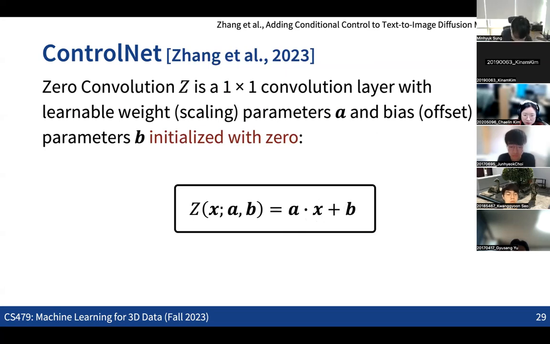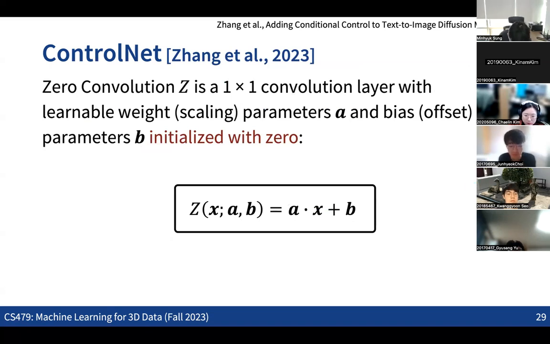In terms of implementation, this might be a one by one convolution layer, which applies the scaling factor A to all the numbers in the input vector, and then adds some offset, the bias B. So there are just two numbers, A and B, scaling the input vector and adding the offset.